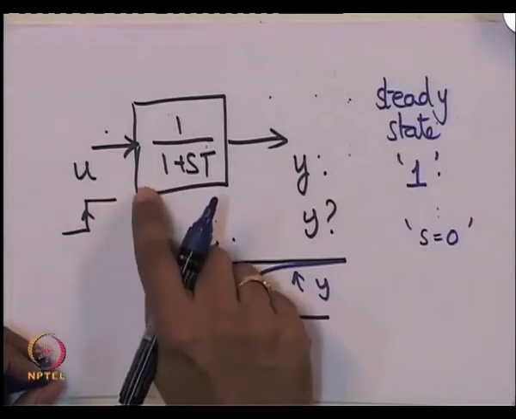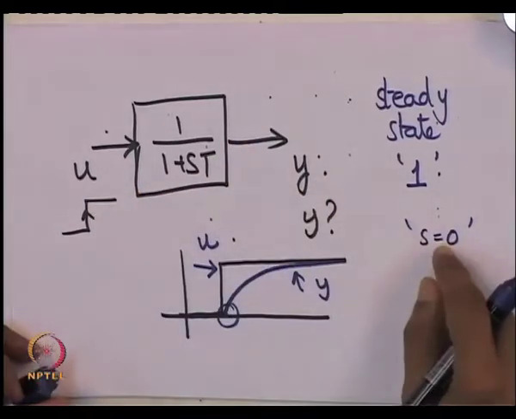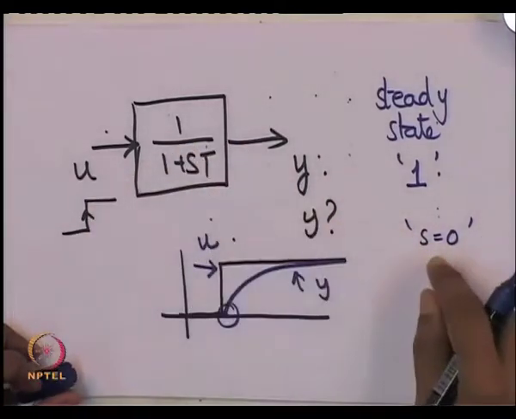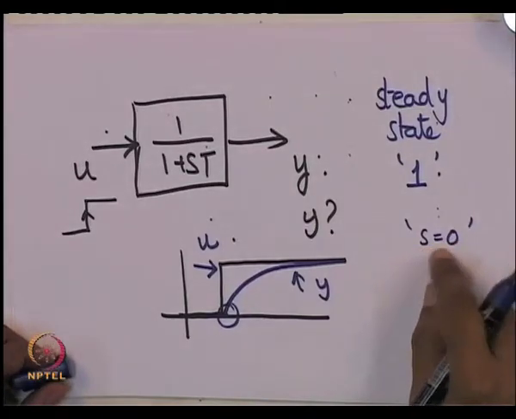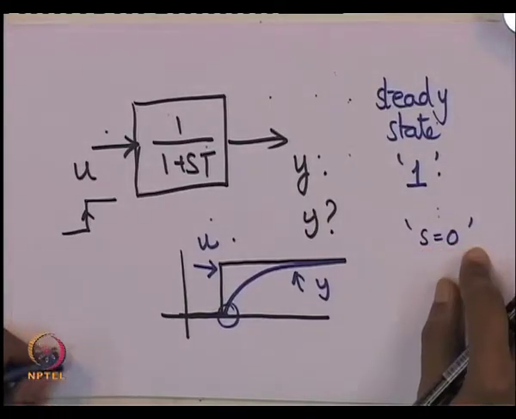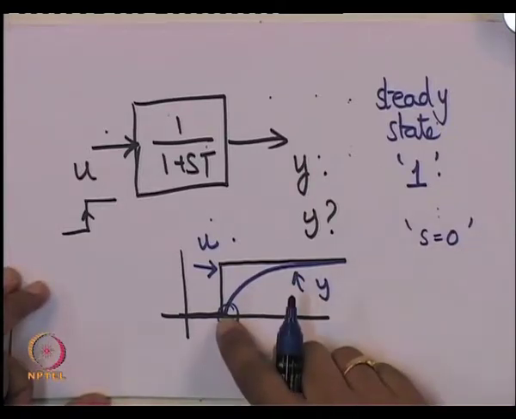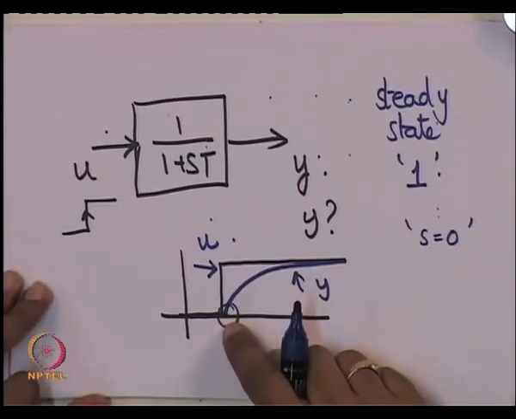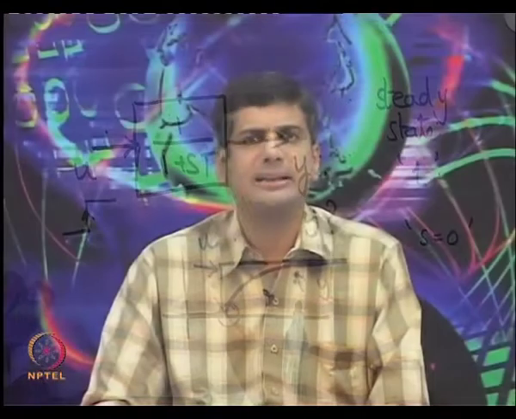So, if you give a step input, the steady state gain can be obtained by simply putting s equal to 0. Okay. So, you can say that the transient gain or the high frequency gain of this transfer function is actually 0, it does not instantaneously respond, but in steady state it takes on the value.